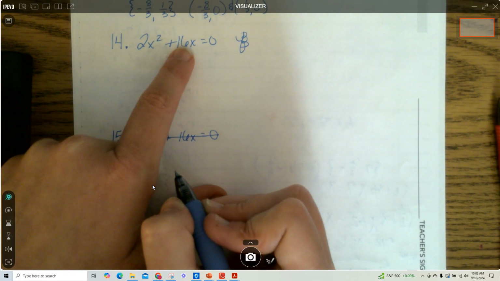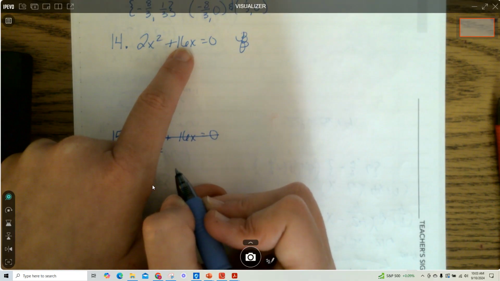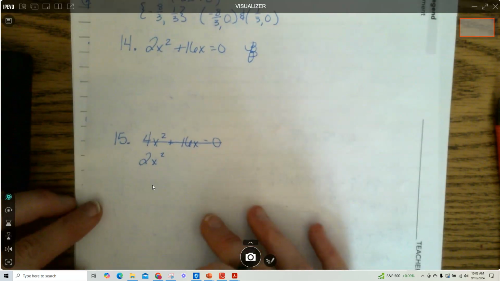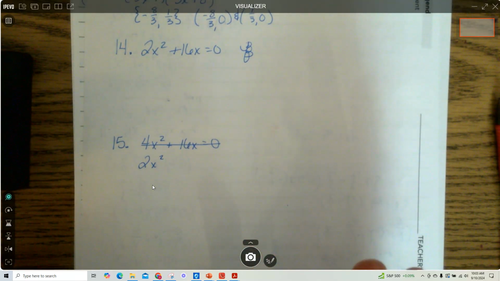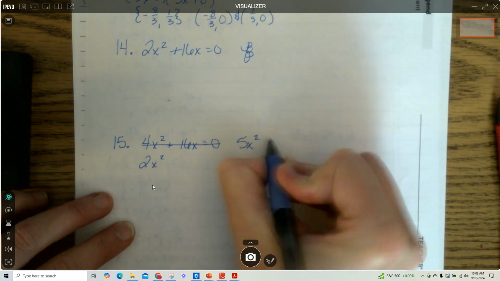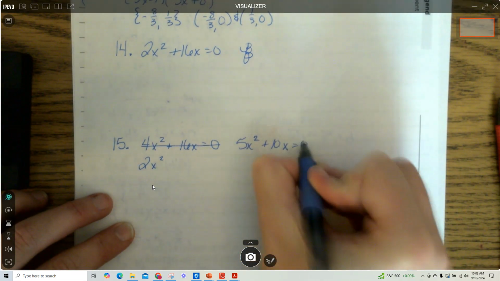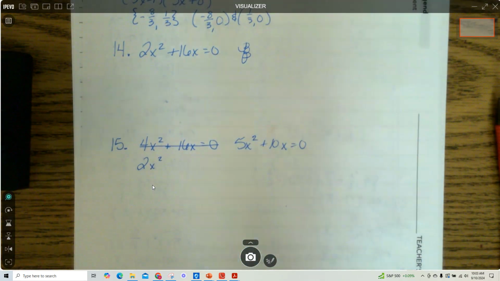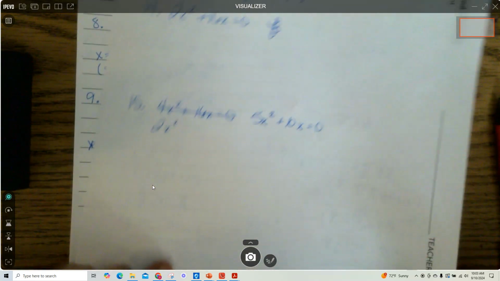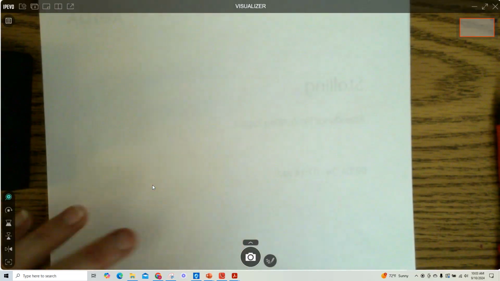Nope, got that one. Between 12, 14, and 15, 5x squared plus 10x equals 0. So that'll help you. The numbers may not match up, but you'll have the work for all those. Okay. And then 16.